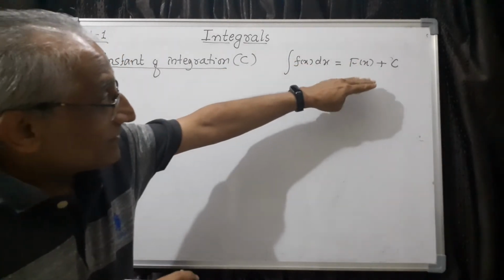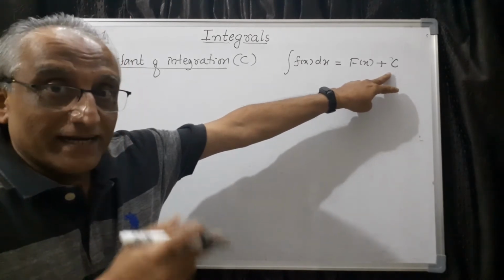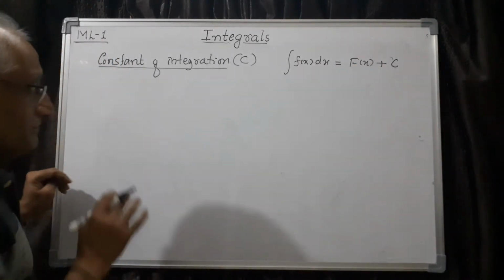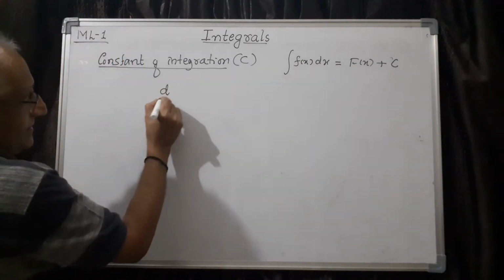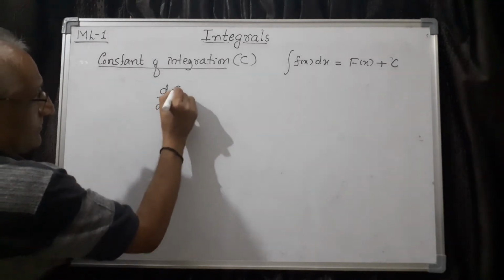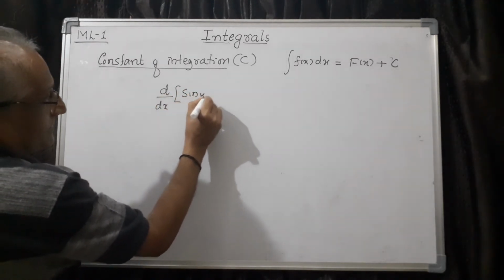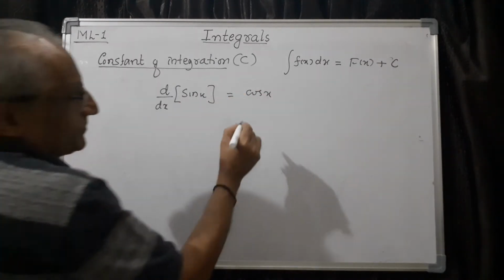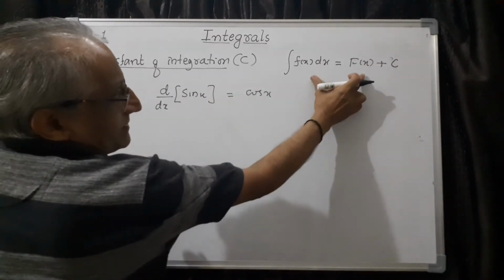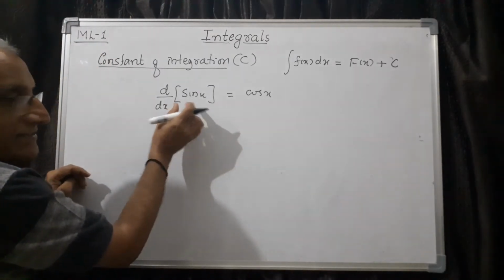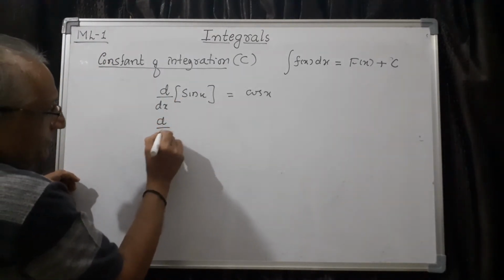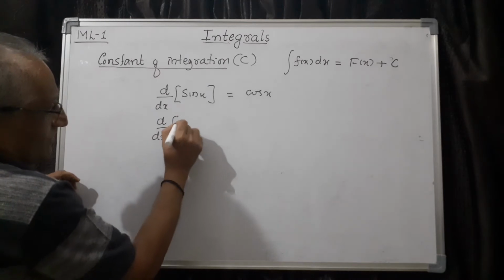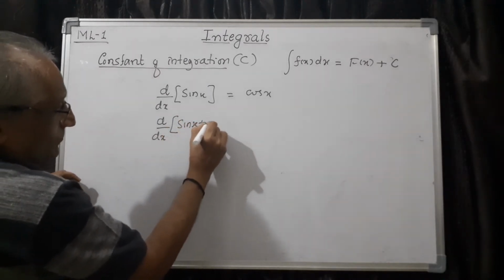Before saying why this plus c is to be added, let me first give some example. Let us take d by dx of sin x. You know this is cos x. Therefore, definitely from this definition, integration of cos x is sin x. Now, if you take d by dx of sin x plus 1, what will you get?